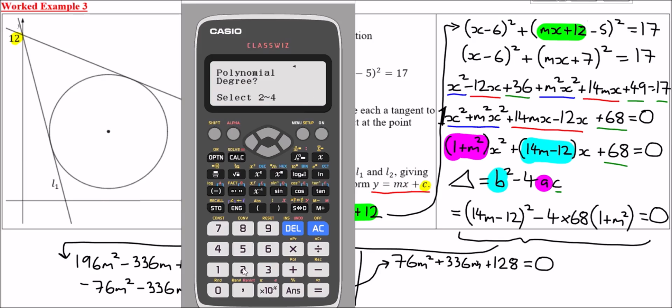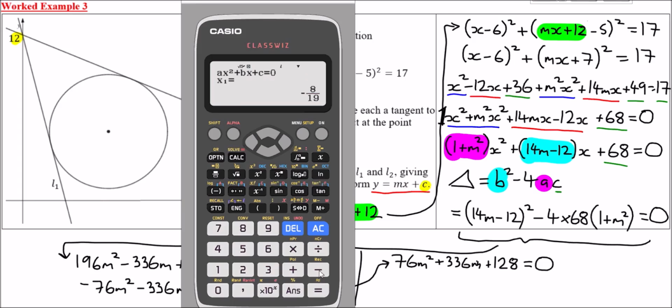It's a quadratic. Here you type in the coefficient of your variable squared, which is 76. Press equals. Next you type in the coefficient of the variable as it is, which is just 336. Whoops, too many 3s. And finally, you type in the constant term, which here we've got is 128. Press equals and equals again, and we'll work out what m is using the calculator.